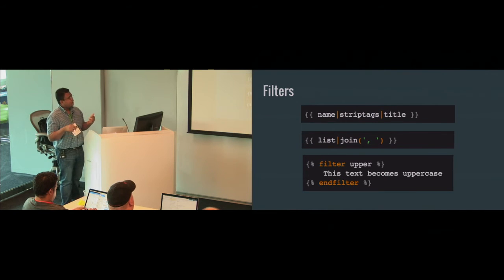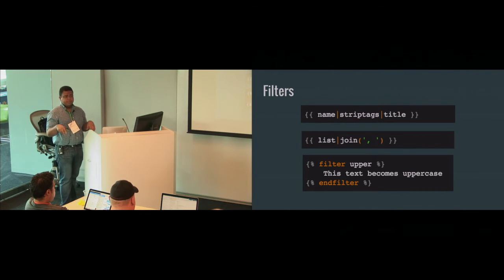How do I do that? Using filters. Filters require a variable name, then you use a pipe, and then the name of the filter, and you will get something out of it. Filters can be stacked one on top of the next. So I am applying the strip tags filter to the name variable, and to the result of that, I am applying the title filter.